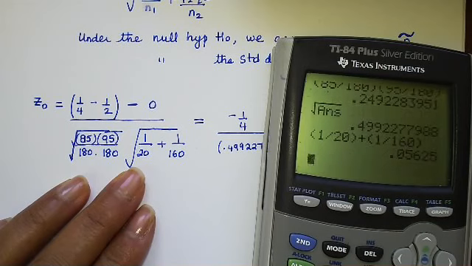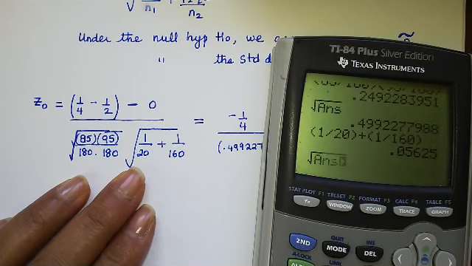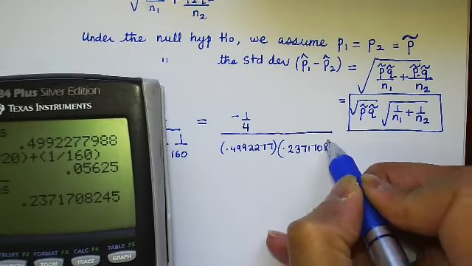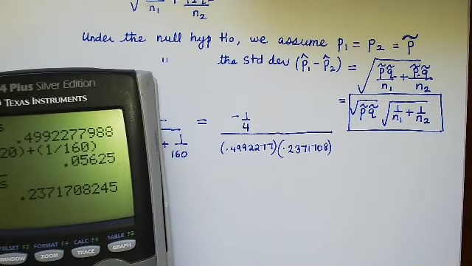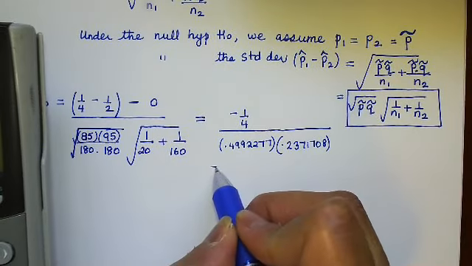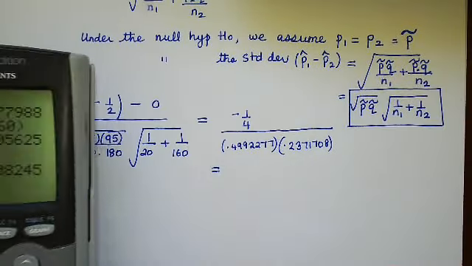Then the square root of 1 over 20 plus 1 over 160. So 1 divided by 20 plus 1 divided by 160 and the square root of that. 0.2371708.